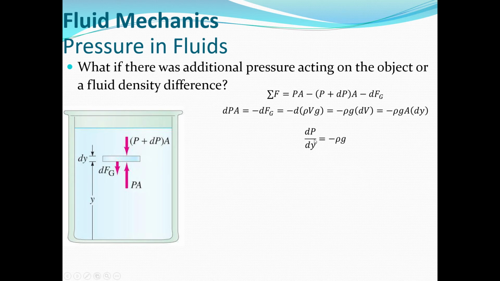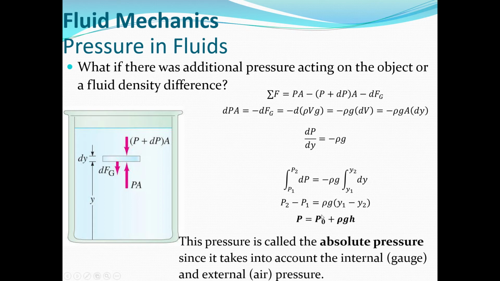We end up getting that the partial derivative of pressure with respect to the height is equal to negative rho g. Integrating both, we end up getting this. So this just becomes P2 minus P1. This ends up having a Y1 minus Y2 because of the negative, flipping it. And we end up getting this.